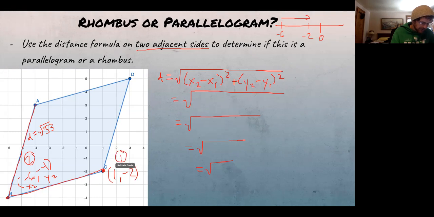This will be my new first point, so it's going to be x sub 1, y sub 1, like that. All right. So starting to plug in, it's going to be -6 minus 1 squared plus y sub 2 is -4 minus y sub 1, which is -2.